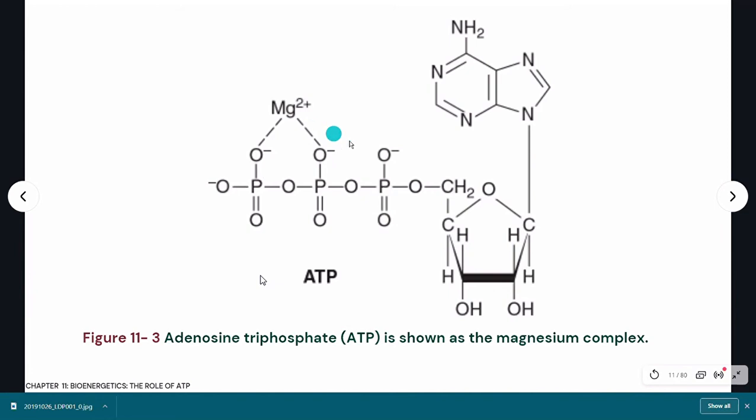So this is what we call your energy currency, ATP, and its cousins, because you have cousins.